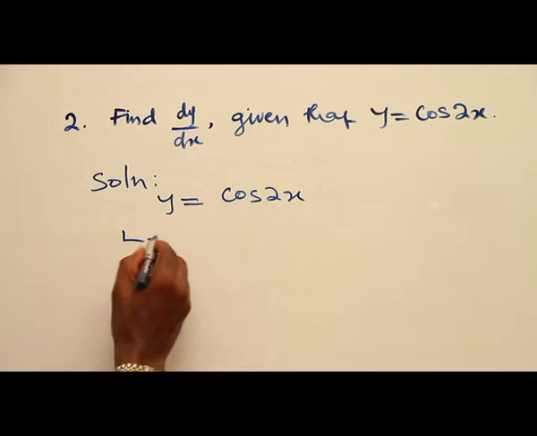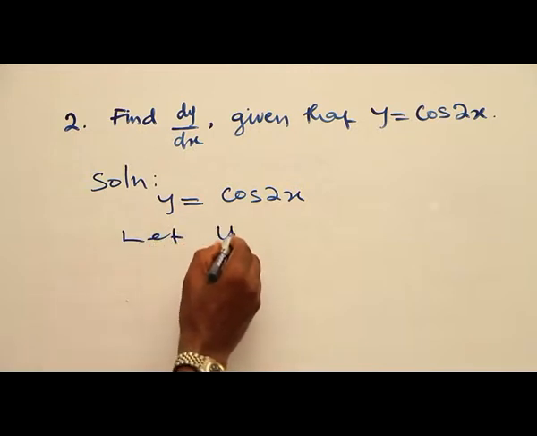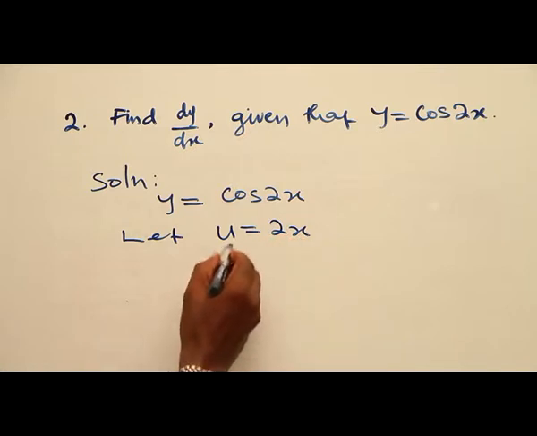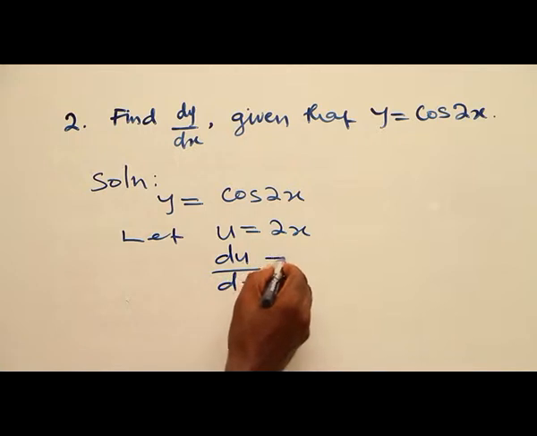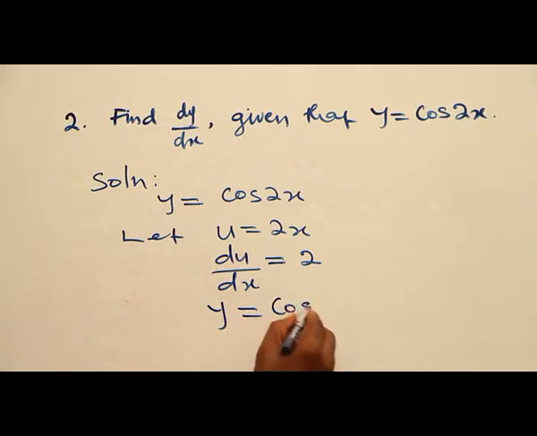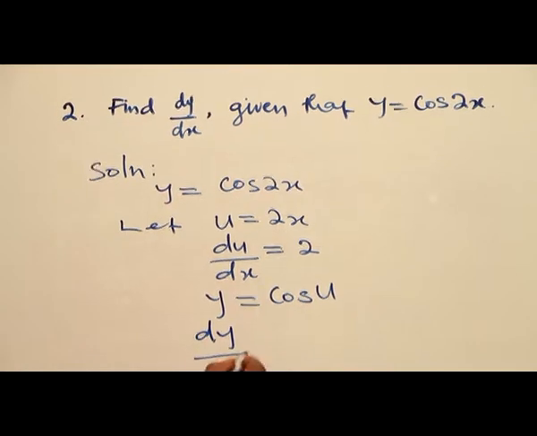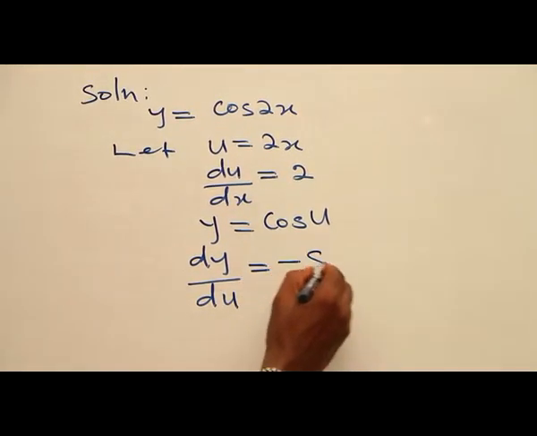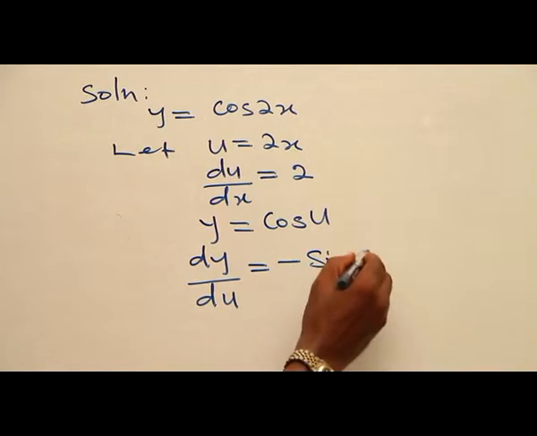Now you can let u be equal to 2s, so that you differentiate u with respect to s to give you 2. Now you have y equal to cos u, so that you can differentiate y with respect to u, and that will be minus sine u.